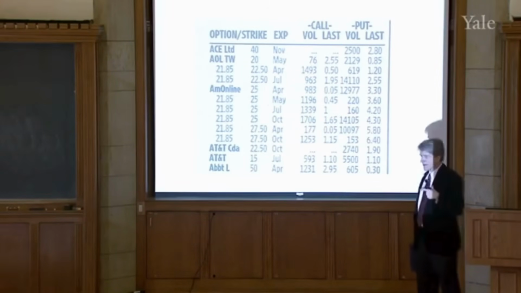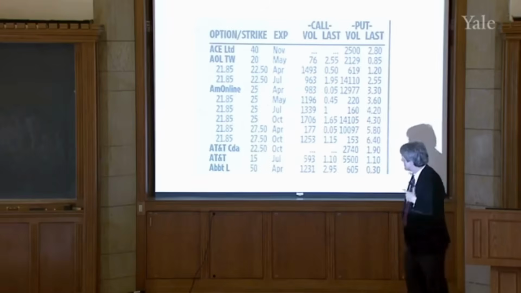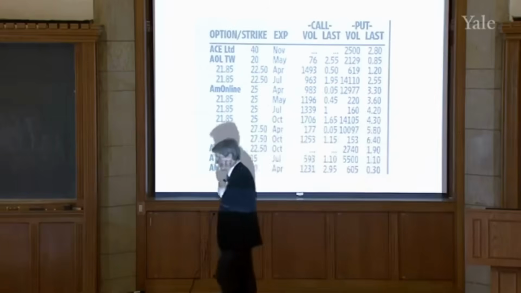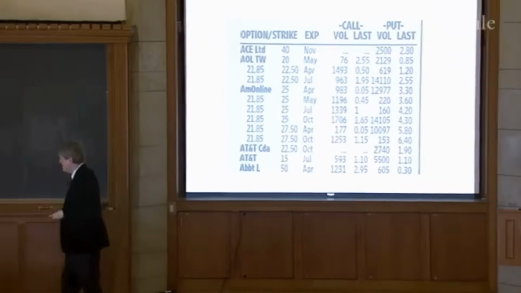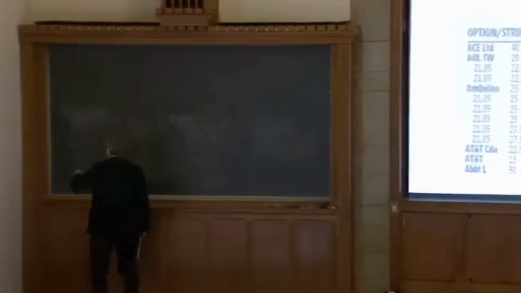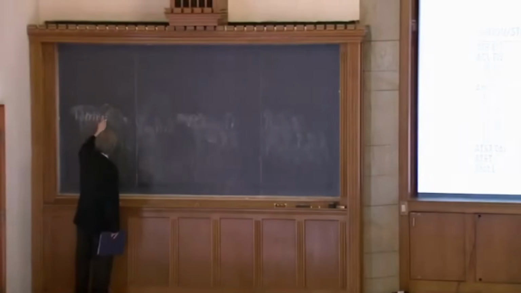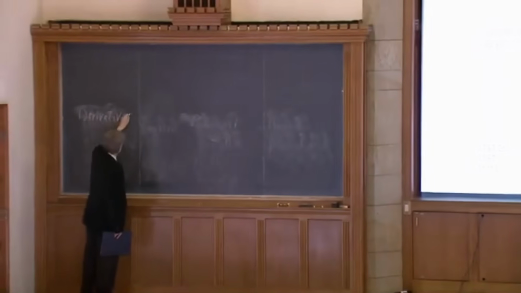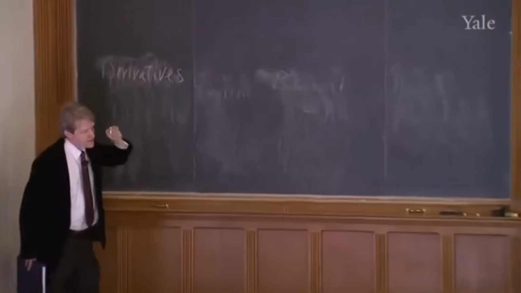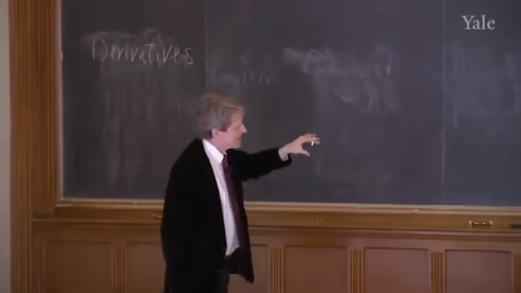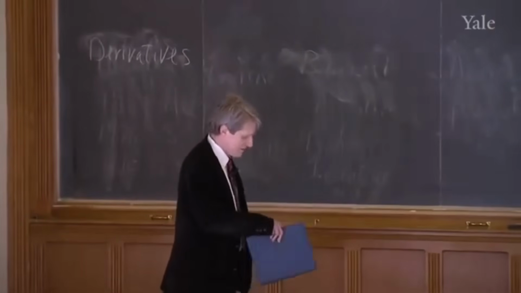So the option becomes a market of its own, where prices of options start to look like an independent market. And this is called a derivatives market, because there's an underlying stock price, but this is a derivative of the stock price.